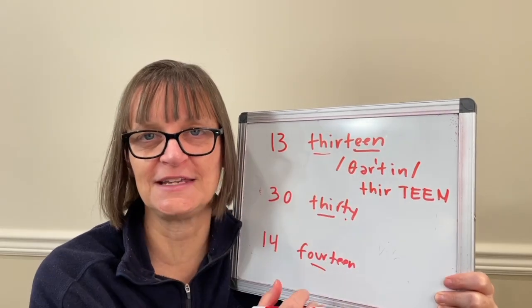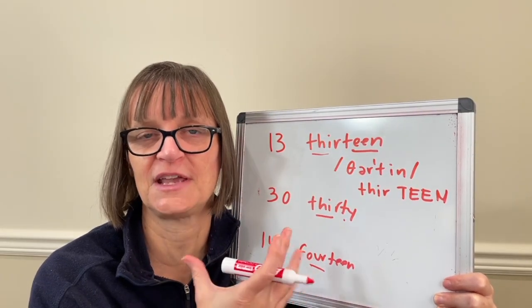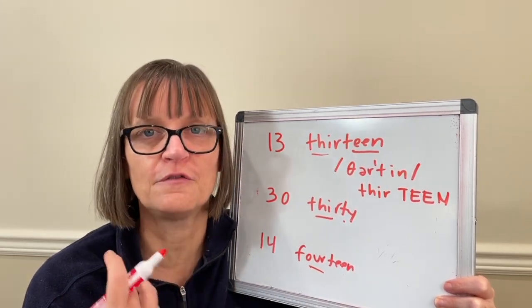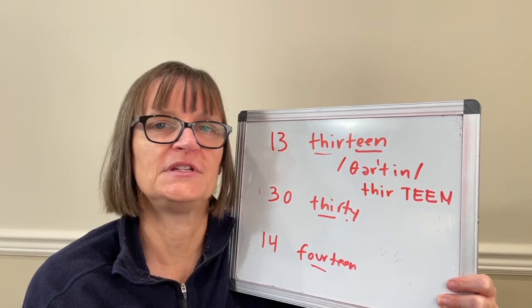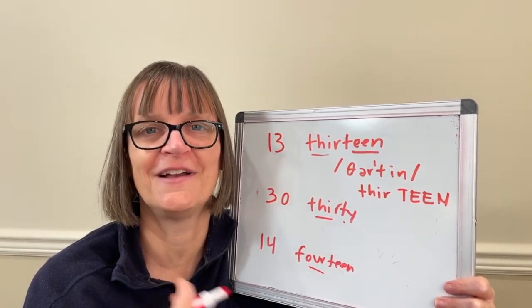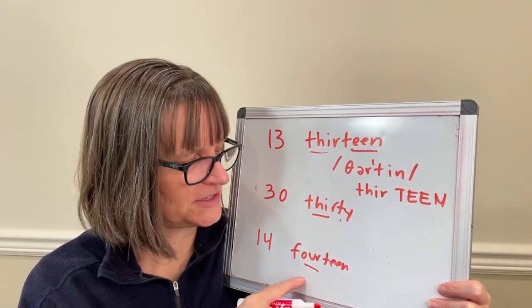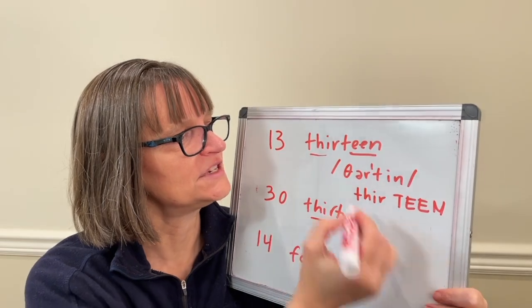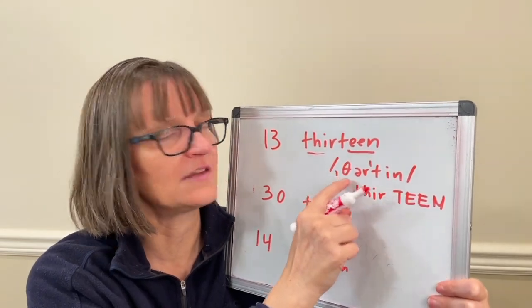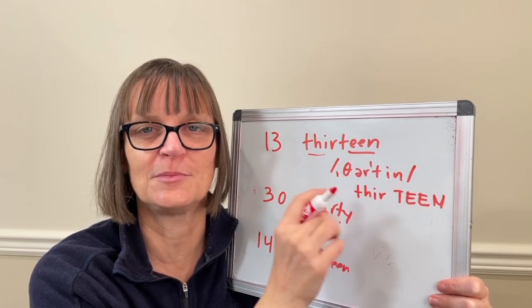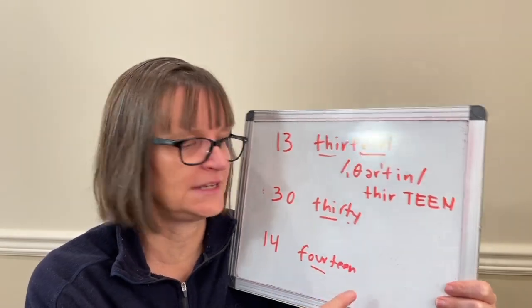So those have teen as the same last syllable. So I'm saying I have 13 of them or I have 14 of them. It happened in 1352, it happened in 1452. You can hear how then I need to stress on the first syllable. So 13 and 14, typically you're going to see kind of secondary stress on the first syllable, primary stress on the second syllable, thirTEEN, fourTEEN.